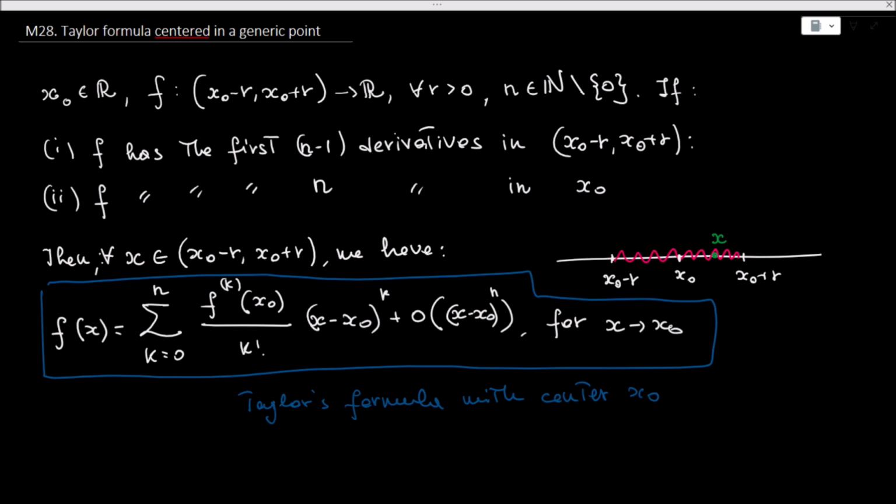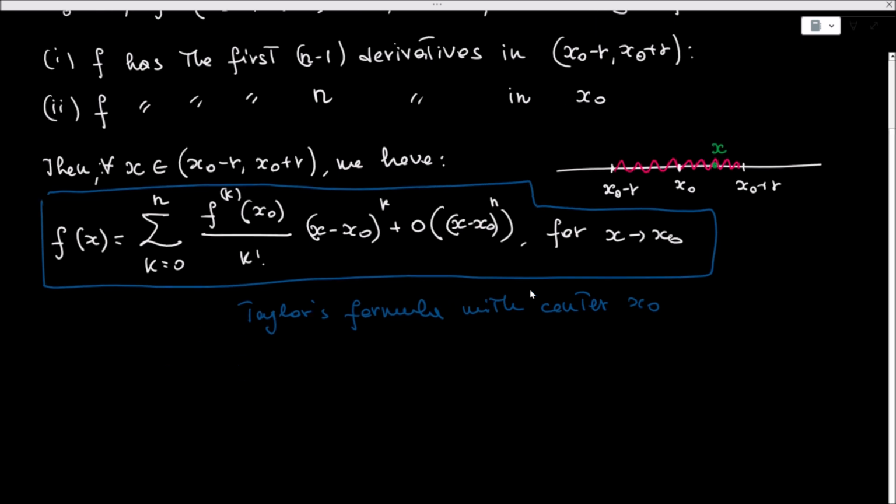It is nothing else than a new version of the Taylor formula that we presented in lecture 27. The only difference is that now the function is expanded around a new point x0.